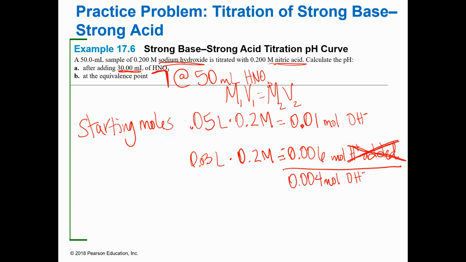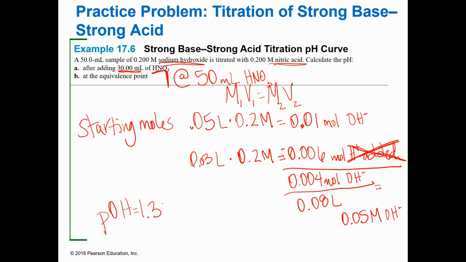Okay, so now I've added 80 milliliters, so 0.08 liters of liquid is in my solution. Okay, that gives me a 0.05 molar hydroxide solution, I can take the negative log. My pOH is 1.3.